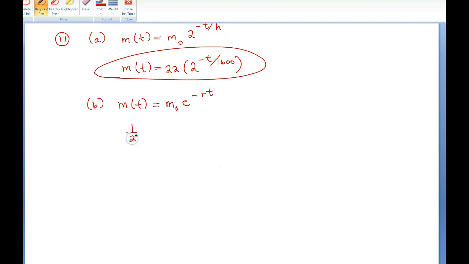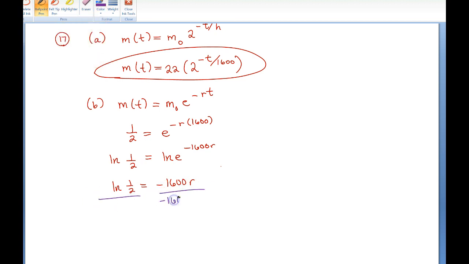So we want 1/2 equal to e to the negative r times 1,600. So we're going to do ln of both sides. So we get ln of 1/2 equals negative 1,600 r. We're going to divide both sides by negative 1,600.